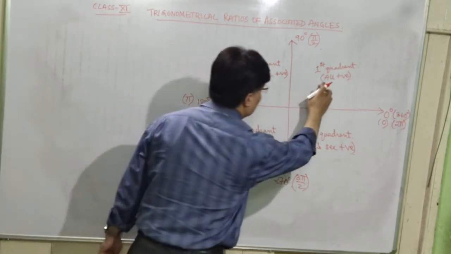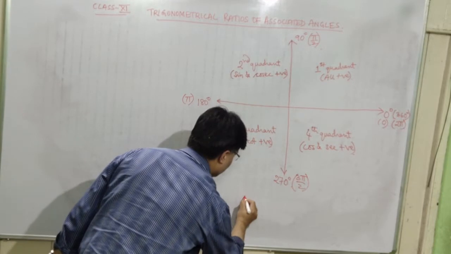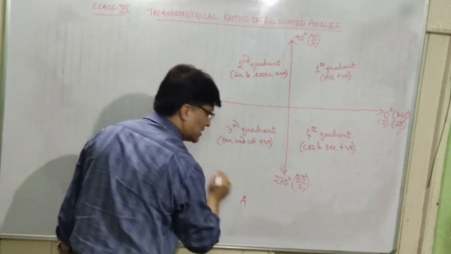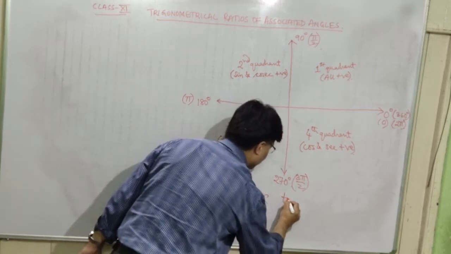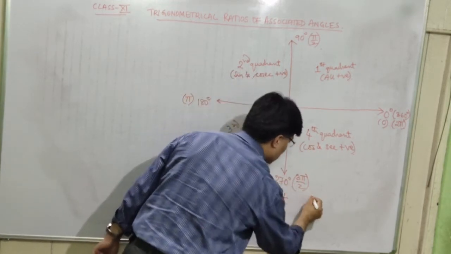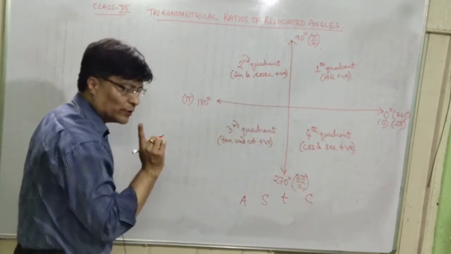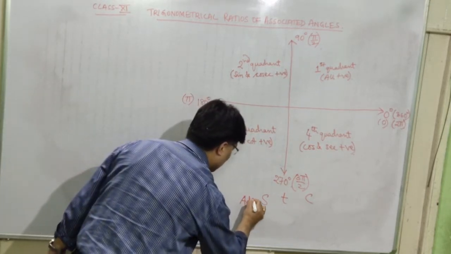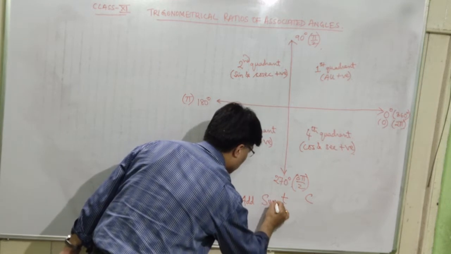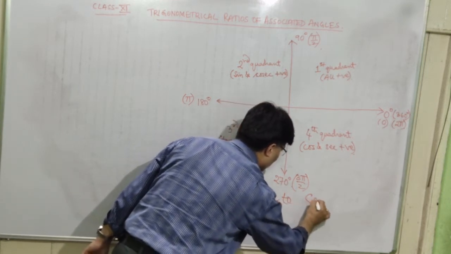Okay? This is A, this is your S sine, this is your T tan, and this is your C cos. So you can remember a statement here: Add sugar to coffee.